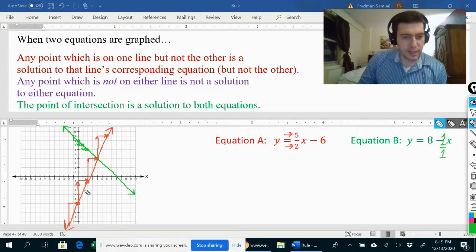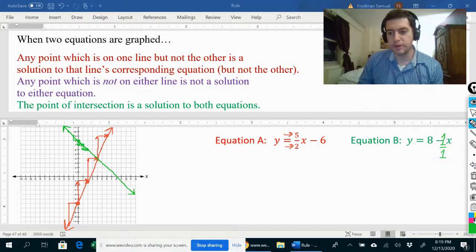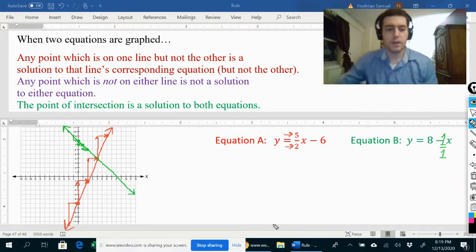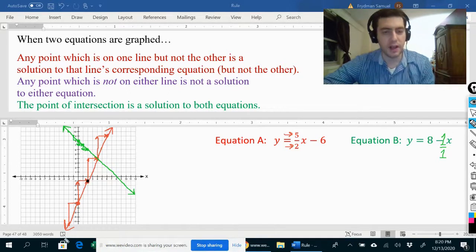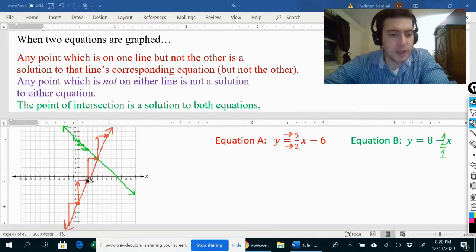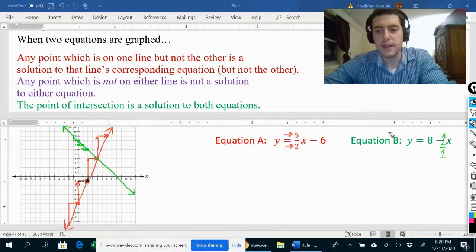Let's pick this point right over here, which is (2, -1). That is on the red line. So I should be able to plug in those values, 2 for x and -1 for y, into this equation over here and see that it's a solution to this equation.